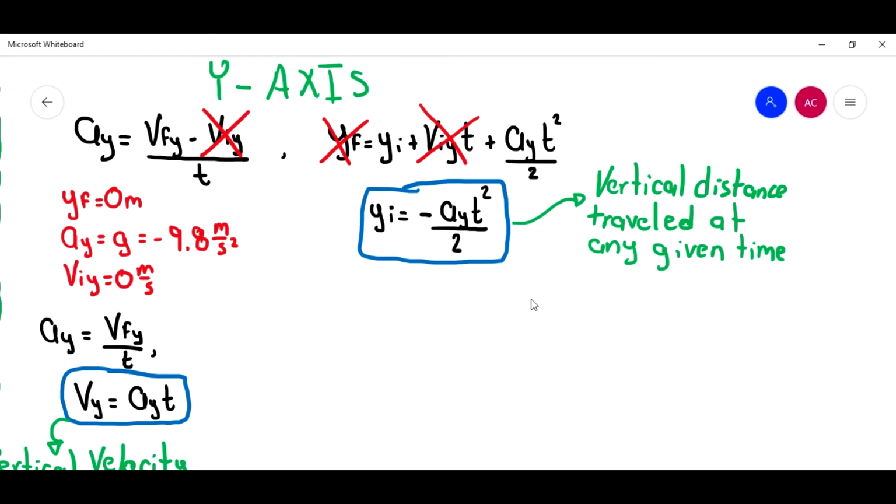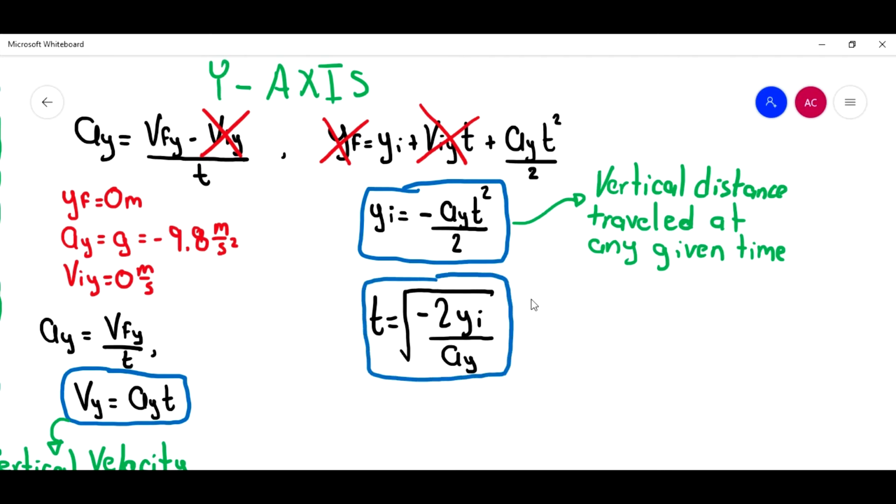Now what about the time? Well, time is going to be minus 2 times the initial position, that will be the maximum height, over the acceleration in y, and also this will be the square root. So I'm gonna circle this equation over here.